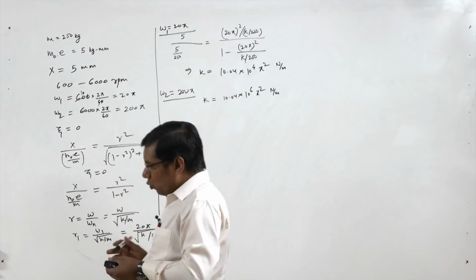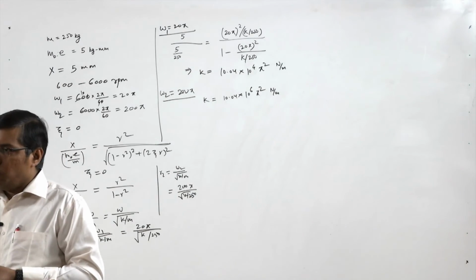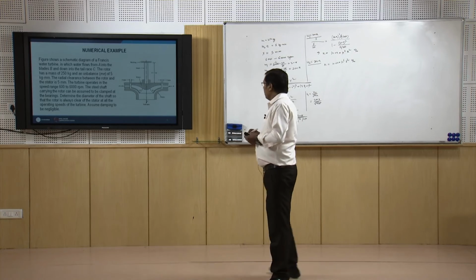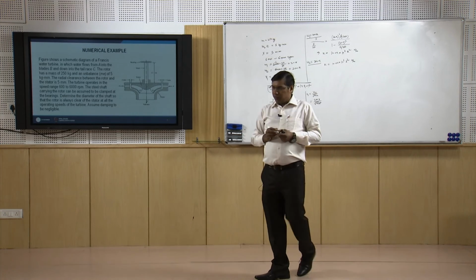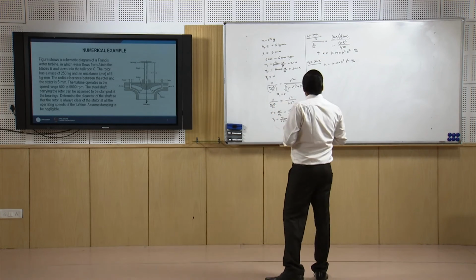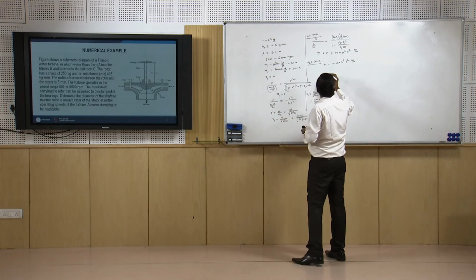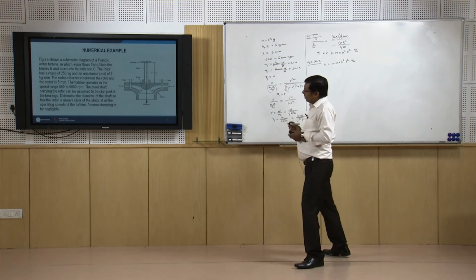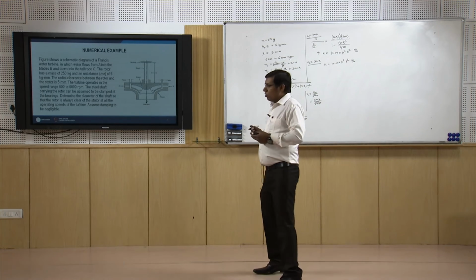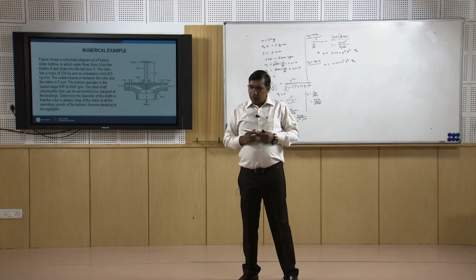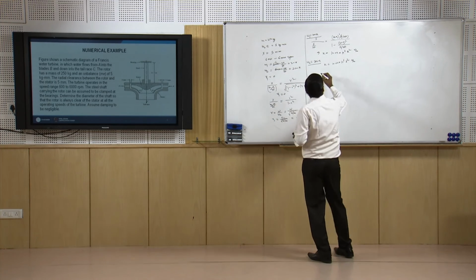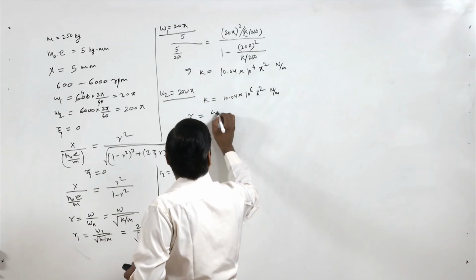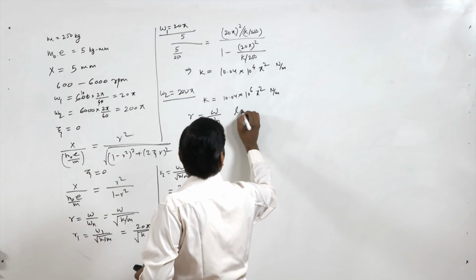Now we have two stiffnesses. Which one we should select? We can select only one stiffness. Because according to the frequency response curve, r should be larger. So r equal to omega by omega n is large.